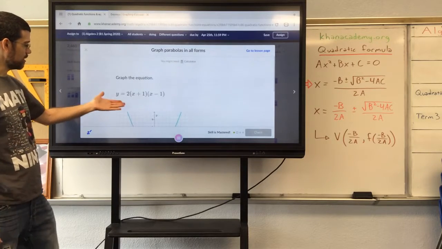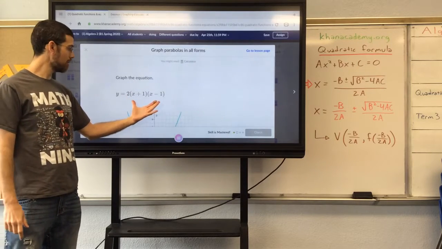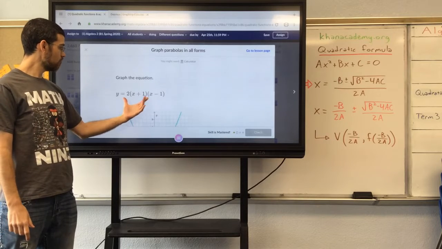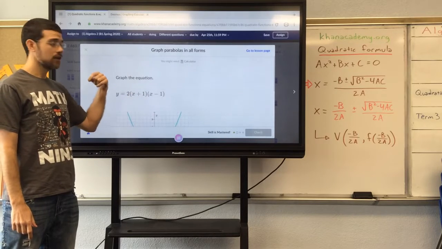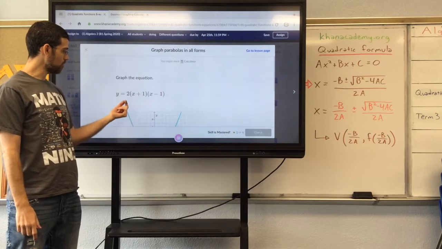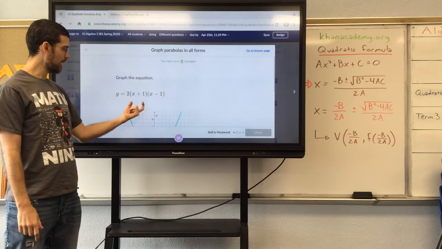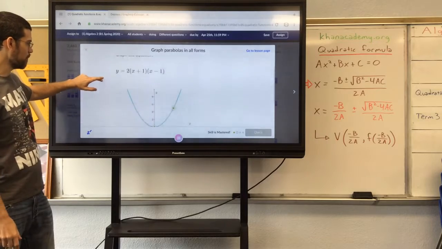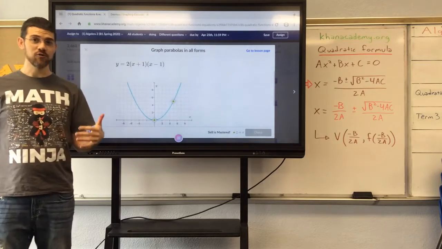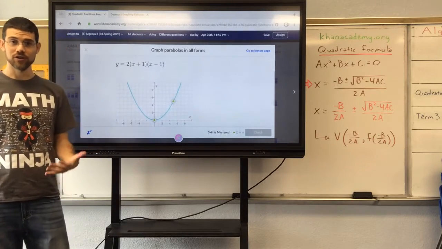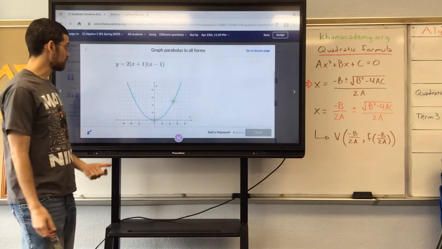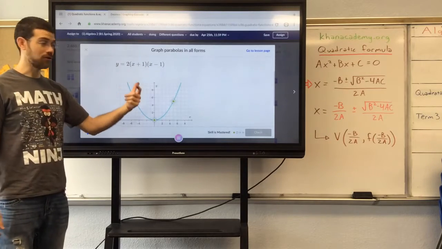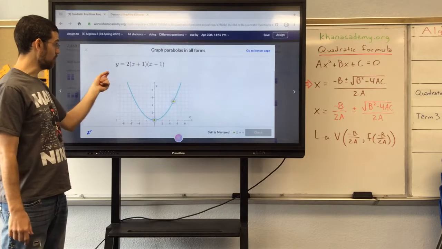Graph the equation. This time they gave us a quadratic function in factored form. So the factors are 2, x plus 1, and x minus 1. Each of those is a factor. When it's in factored form, it's very simple to find your x-intercepts. Whatever makes a factor equal 0 will make the product equal 0.